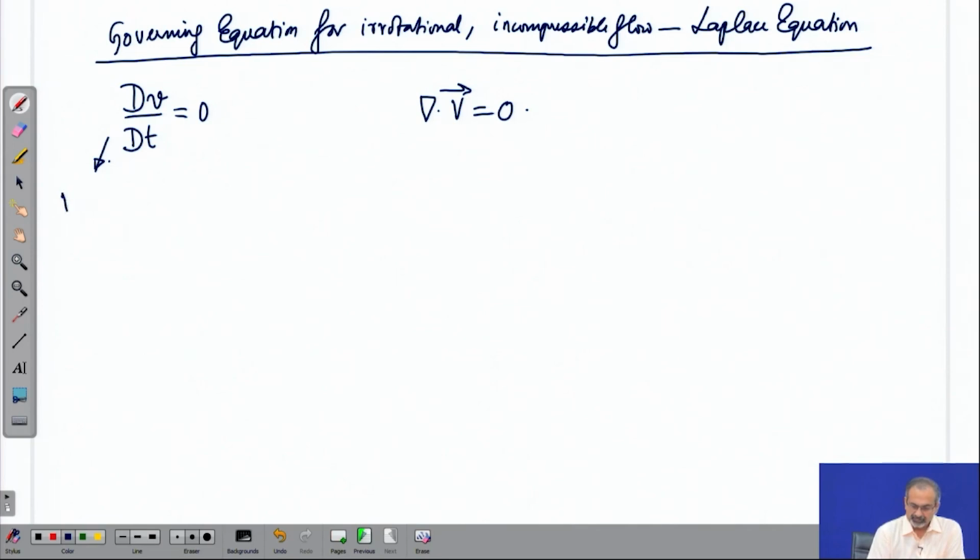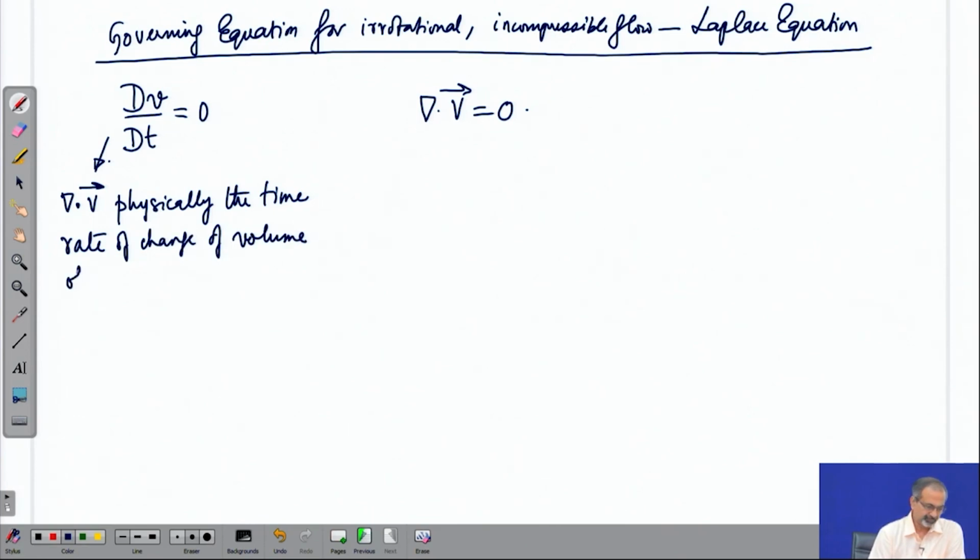That is because when it comes to divergence of velocity, it is by definition the time rate of change of volume of a moving fluid element per unit volume.